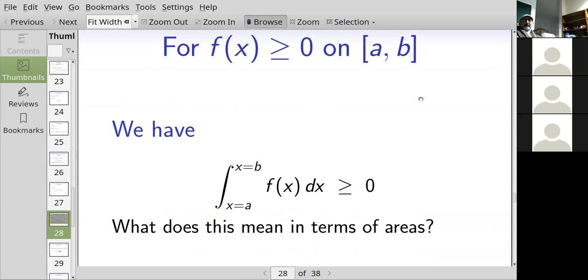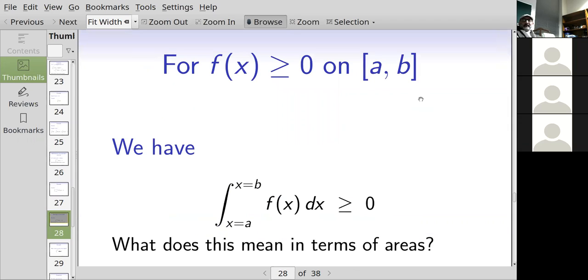Okay. Another property. If you're thinking about the function being defined over a closed interval from A to B, and it never takes any negative values, then the area under the curve will always be greater than or equal to 0.